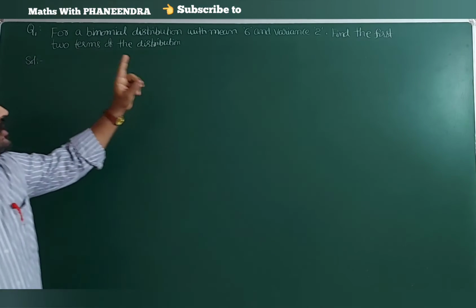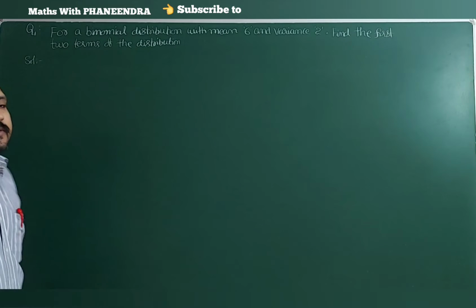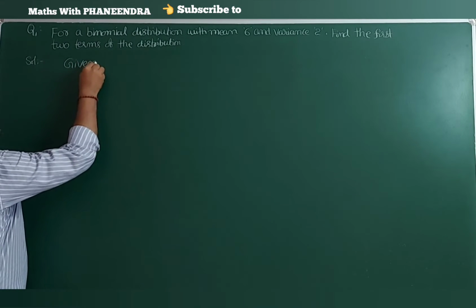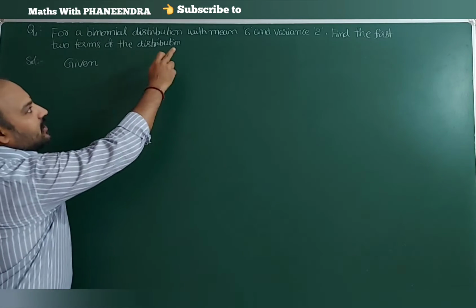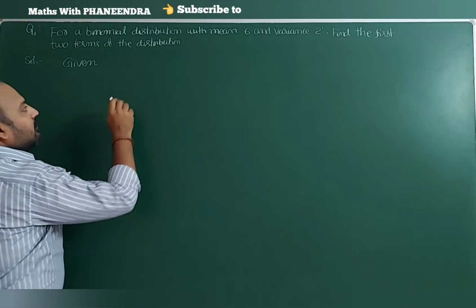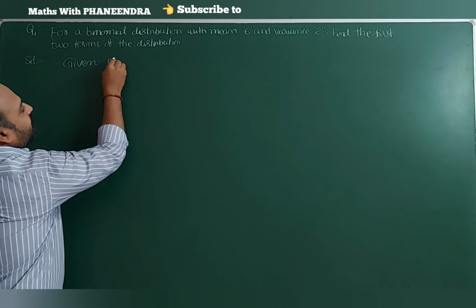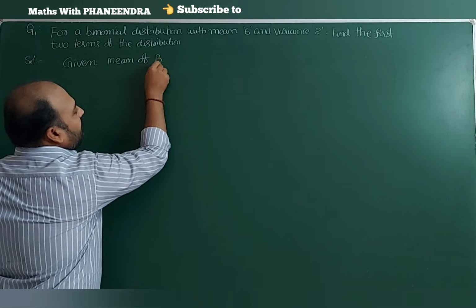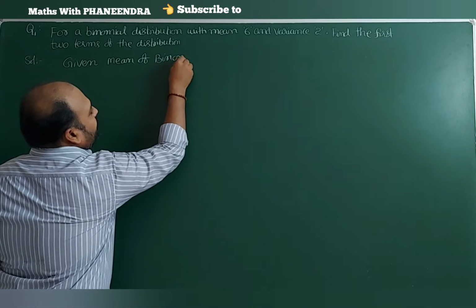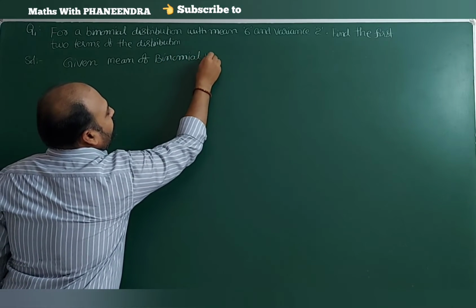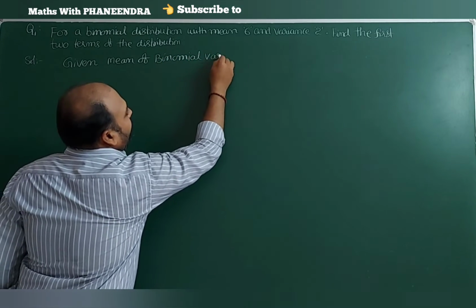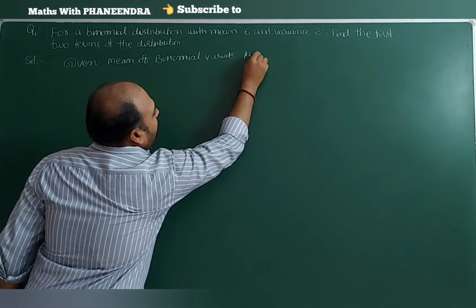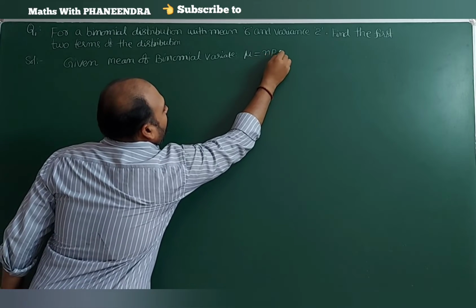Given the mean of the binomial variate, mu is equal to np is equal to 6.